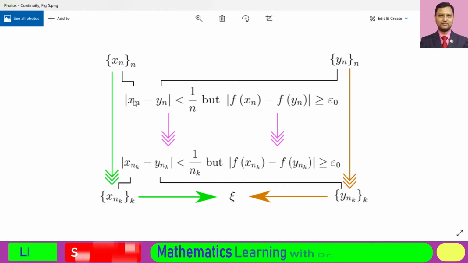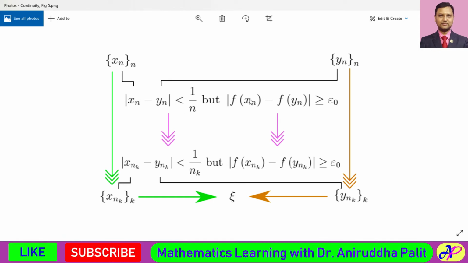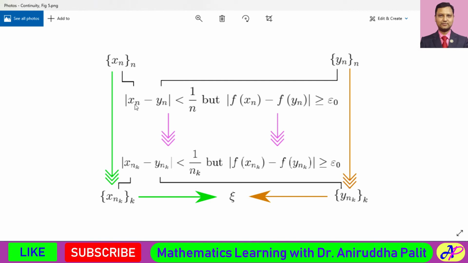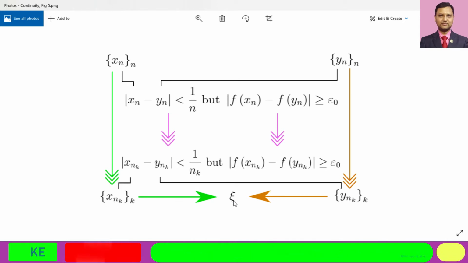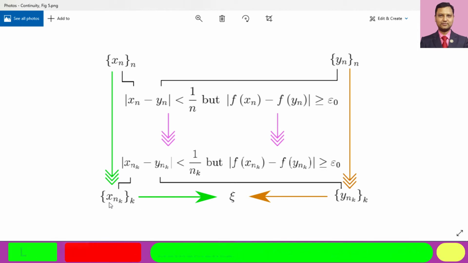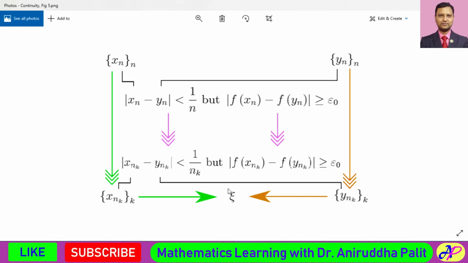And xn and yn satisfy this relation, and by putting n equal to nk in this relation, we get this second relation. We already have the result that xnk converges to xi, and from this we have proved that ynk is also converging to xi. So this much we have proved. Therefore, both of these two subsequences are converging to the same limit xi.